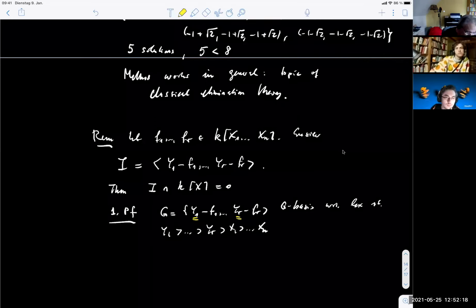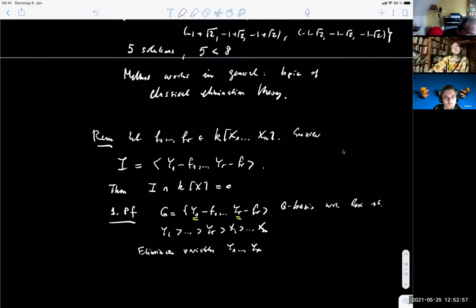Good. Now we can apply our theorem. Let's say I want to eliminate the variables y1 up to yr. This is now easy because this lex term order is an elimination order. So I want to compute the elimination ideal. And how do I do that?